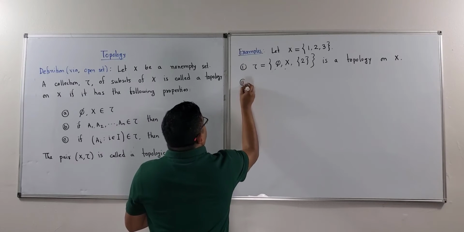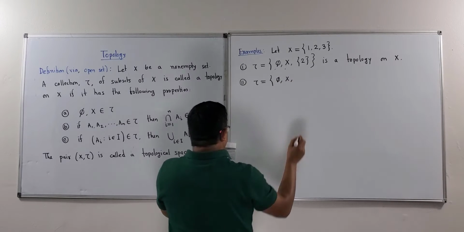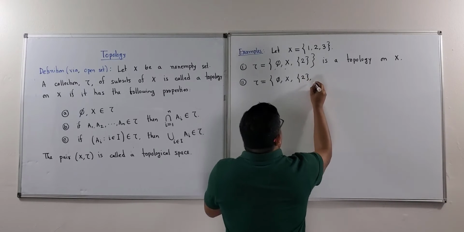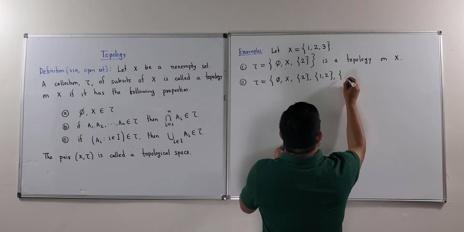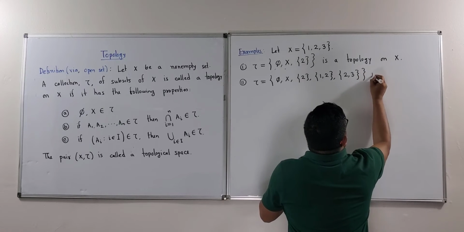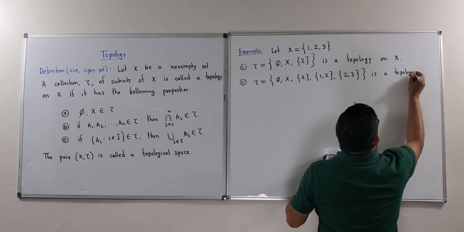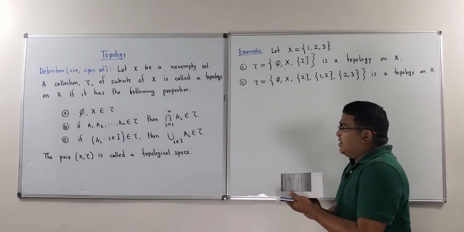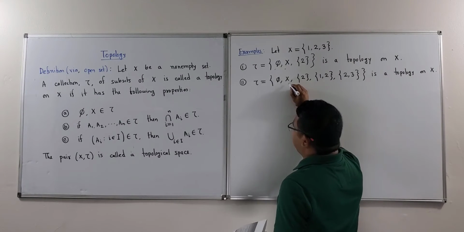If we consider this one, tau equals the empty set, X, then element 2, then element 1 2, then subset 2 3. So this is also a topology on X. We can check the properties again. The first property is satisfied because the empty set and X are already here.